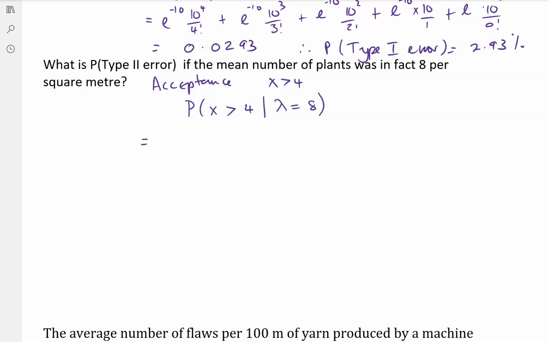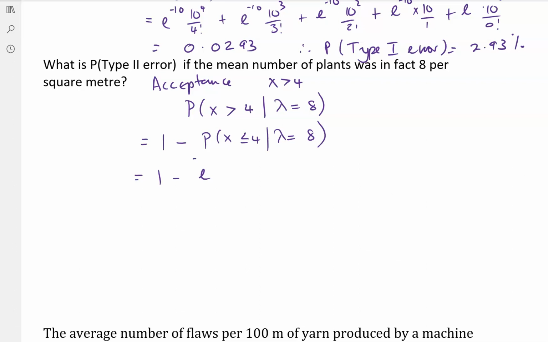And so this will be the probability of 1 minus the probability that x is less than or equal to 4, given that lambda is equal to 8. And so that's going to be 1 minus, let's just put this down again.